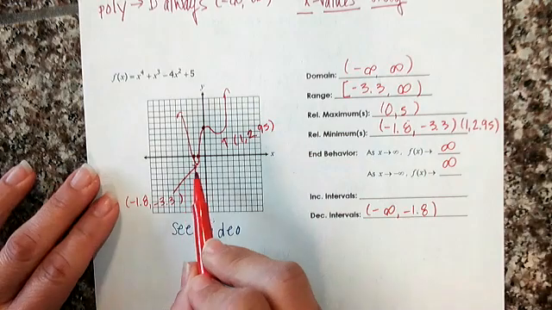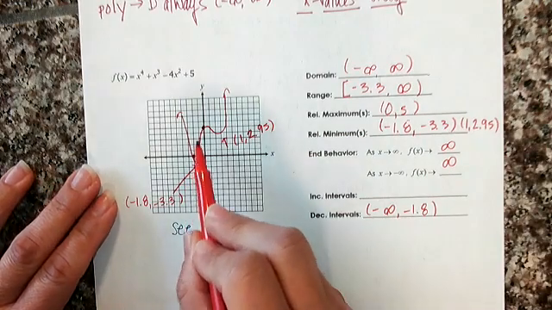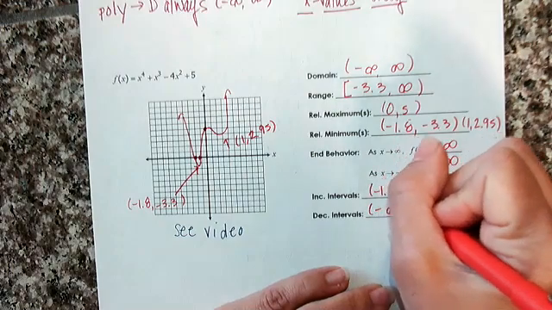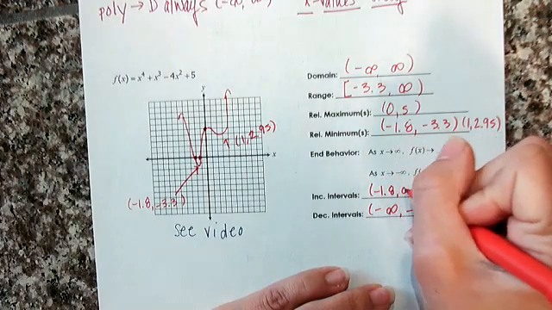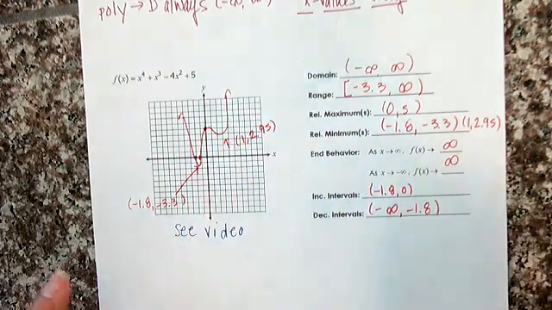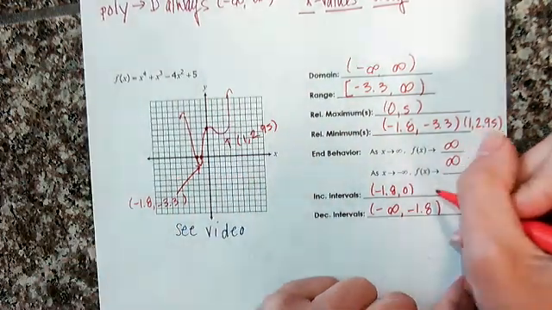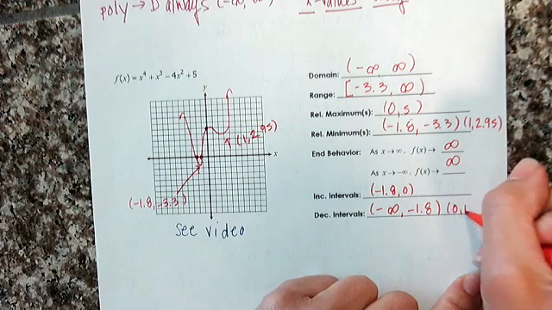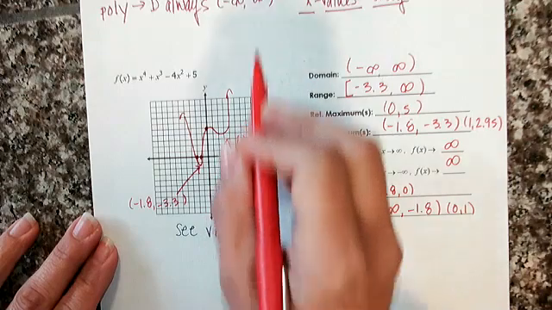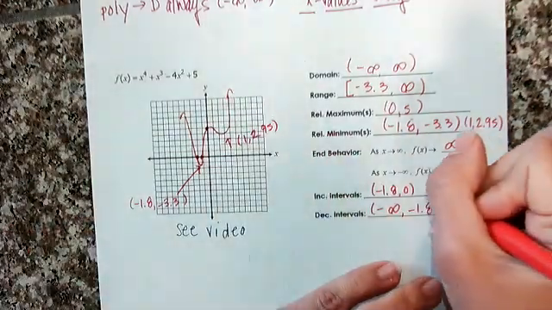And then from the x value of negative 1.8 all the way up to the x value of 0, I'm increasing. And then from 0 until I get to that x value of 1, I'm decreasing. And then from the x value of 1 right here all the way up, I am increasing.